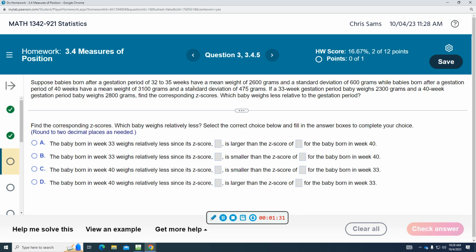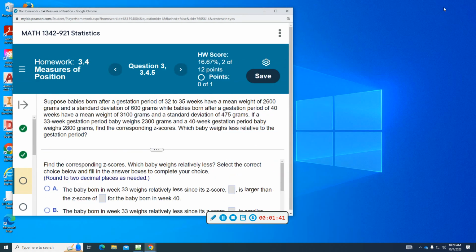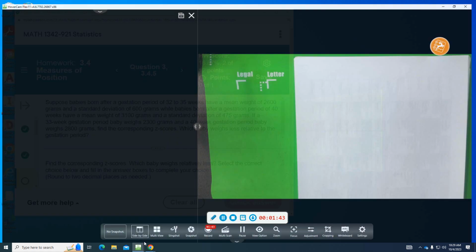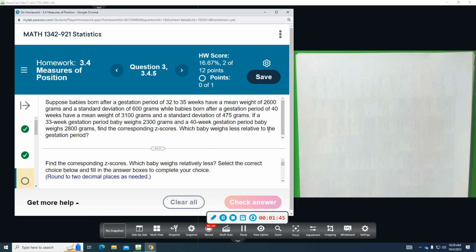So using the data here, we have a mean and a standard deviation for 32 to 35 weeks. Let me minimize this and bring up paper. So we want to find the z-scores.